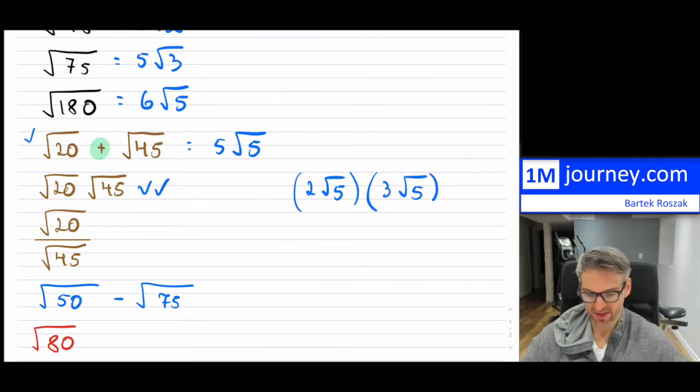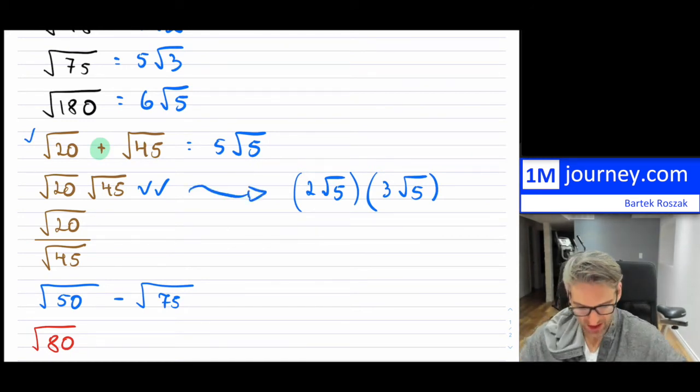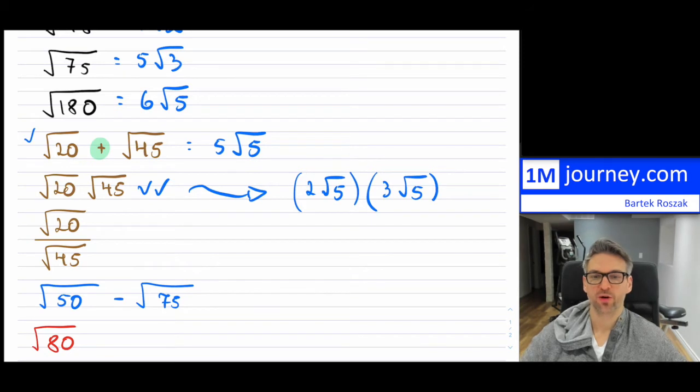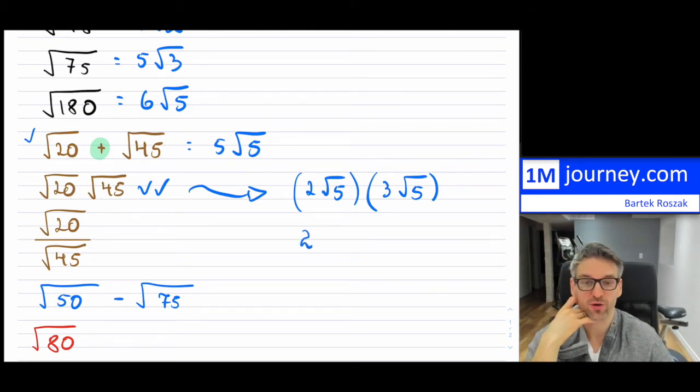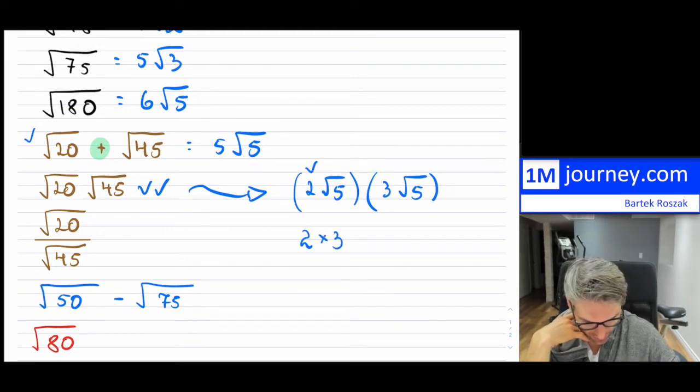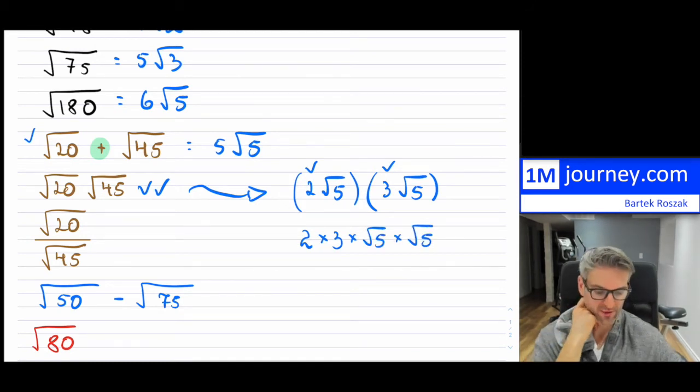So this is really interesting because what you can say is take all your whole numbers, 2 and then 3, because it's all multiplication, times this times this. That's what you have there.